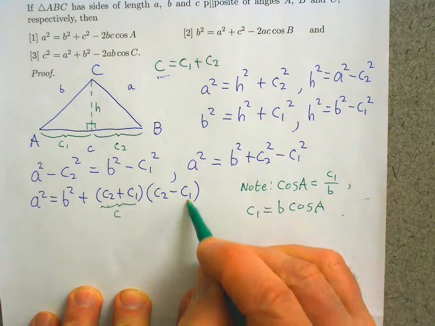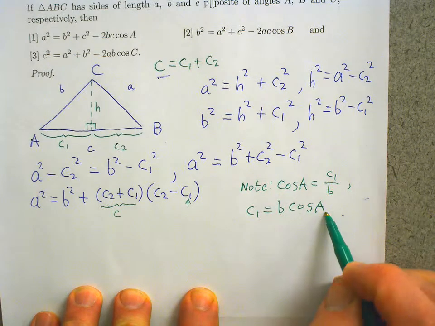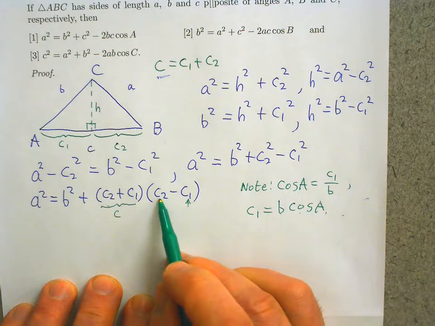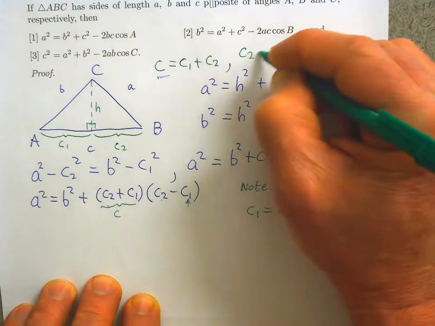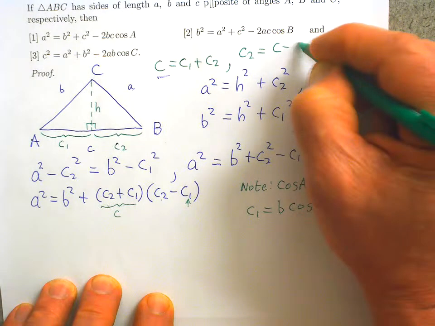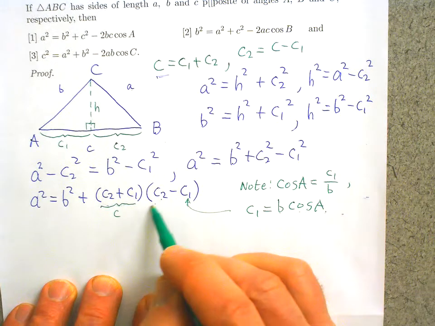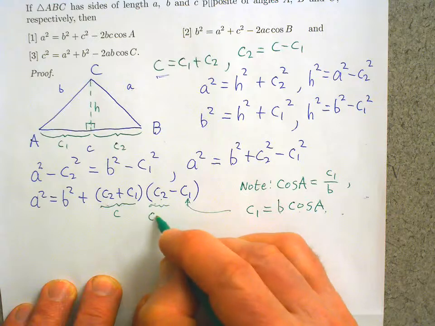We're going to replace c1 with b times cosine of A. And we're also going to replace c2, since c2 is equal to c minus c1.